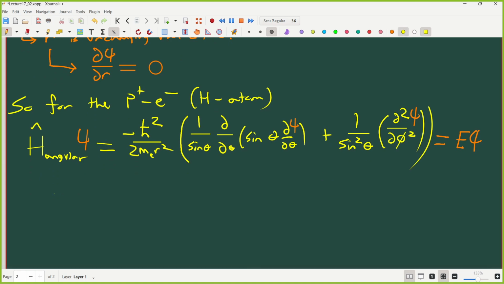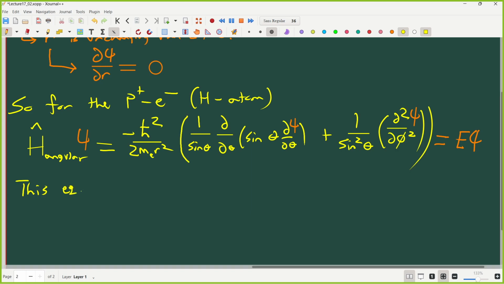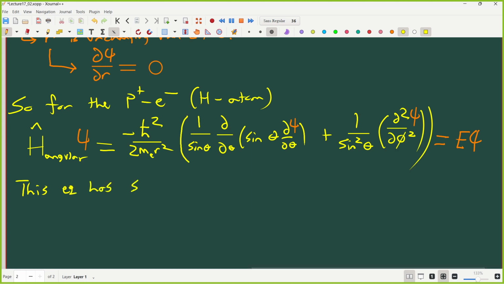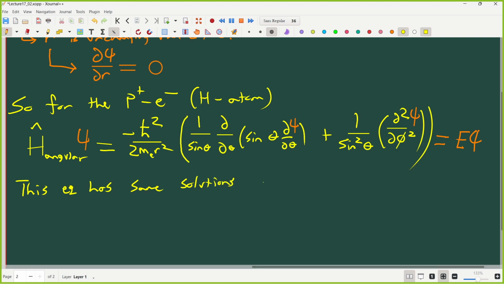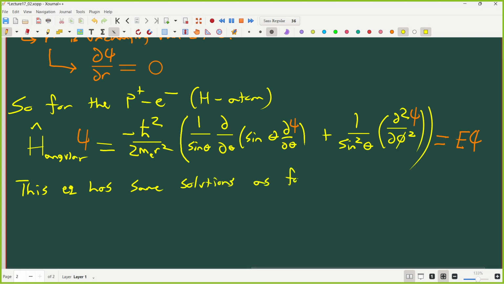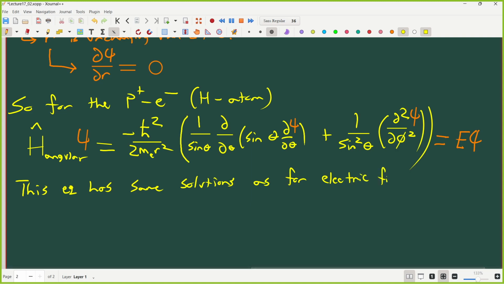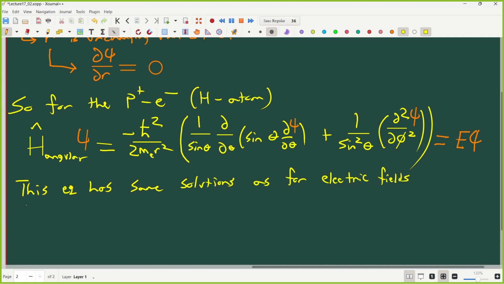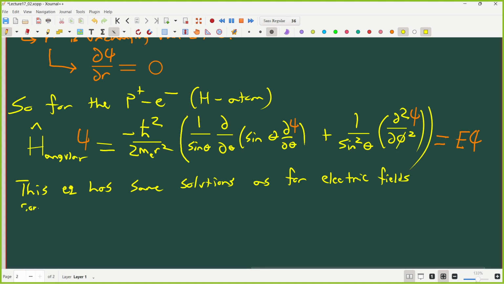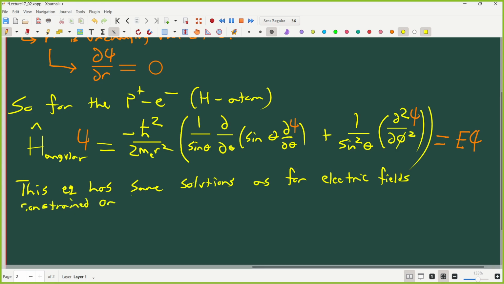So quantum mechanics, so this equation has same solutions as for electric fields constrained on the surface of a sphere.